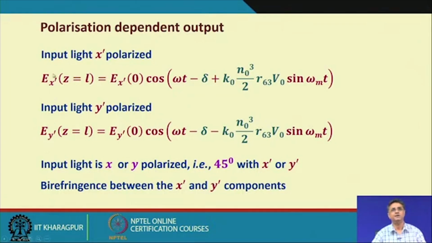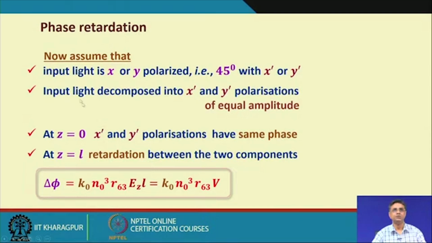Now, we will consider the case where the input polarization is along x or y, that is the old principal axis, which is 45 degrees with the x prime or y prime axis. In that case the birefringence between x prime and y prime will now be calculated.